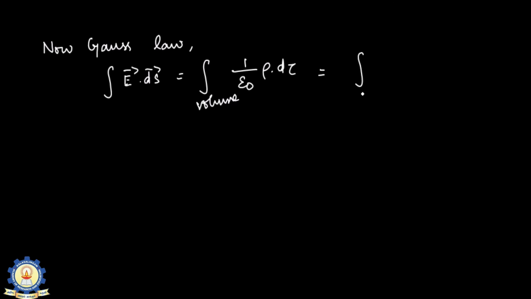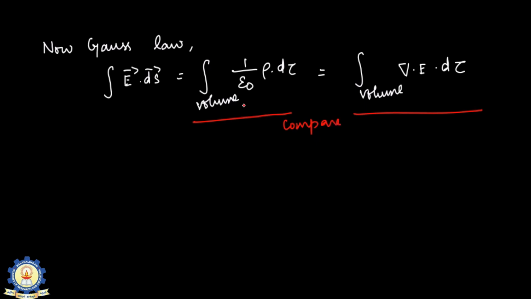So this we have written from the Gauss divergence theorem. So we can compare these two equations now. On comparison, we can write the terms without the integral and d tau as del dot E is equal to rho by epsilon naught.